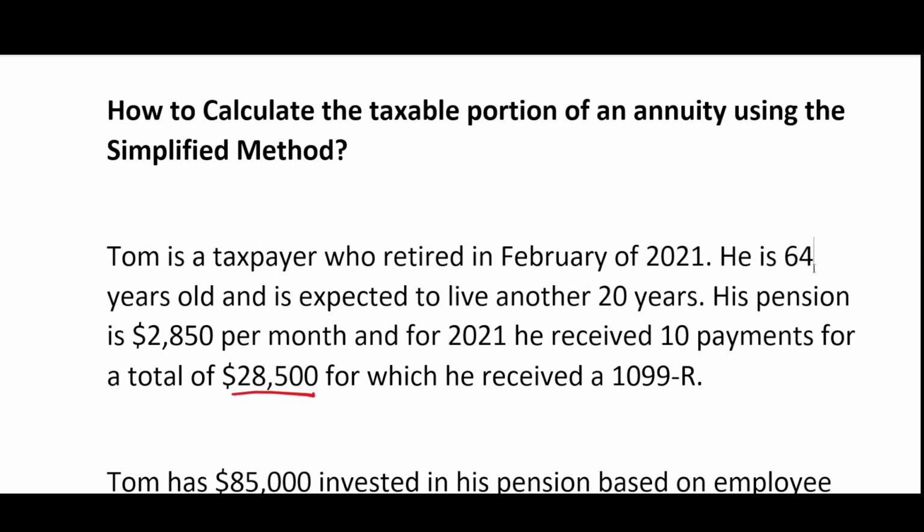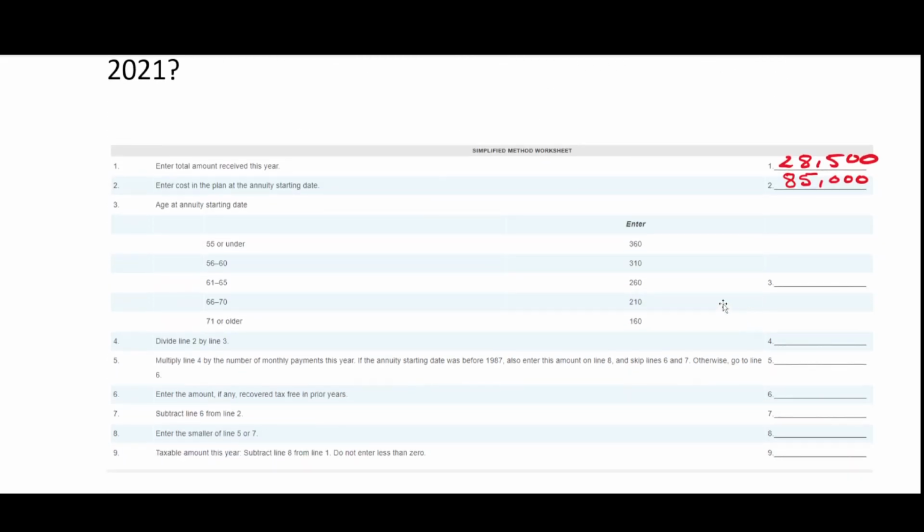We look at this table right here that is given to you in the simplified method worksheet. We see that he's 64 years old, so he falls into this bracket here, the 61 to 65 bracket. So then we use the factor of 260, which is going to be given to you. 260. And then we follow the directions in the sheet.